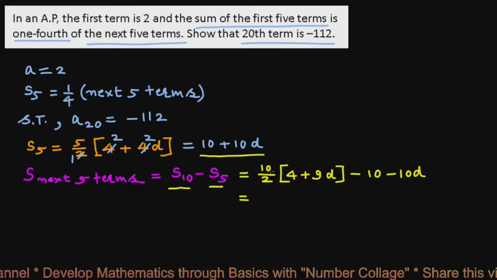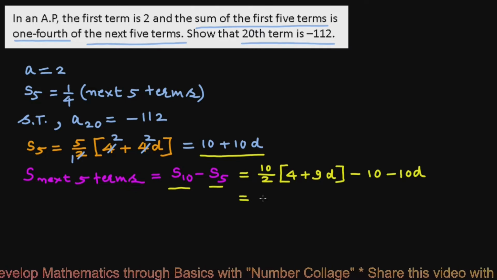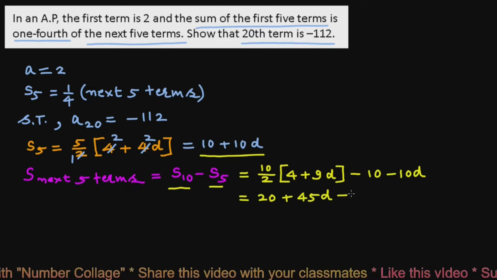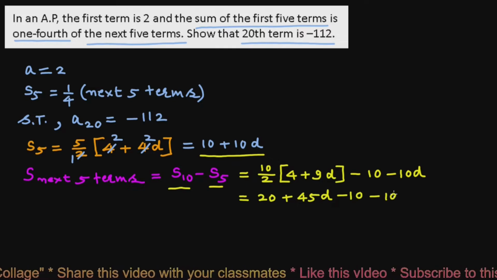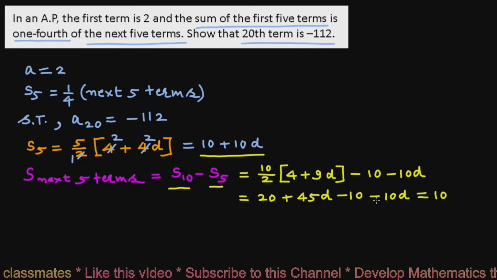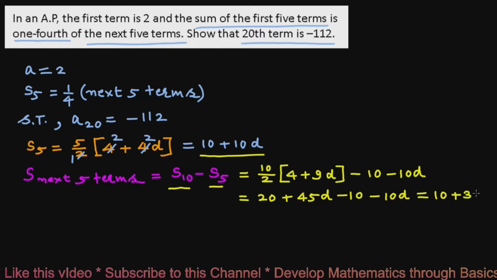It will be 5 4s are 20 plus 5 9s are 45d, minus 10 minus 10d, that will be 20 minus 10, 10, 45 minus 10 plus 35d.